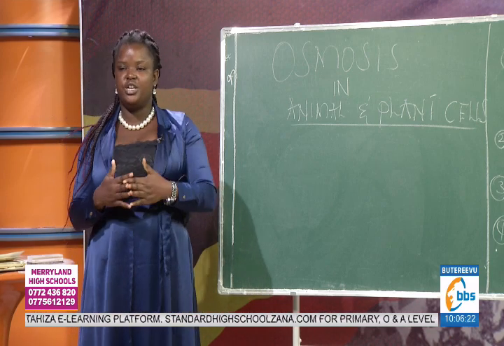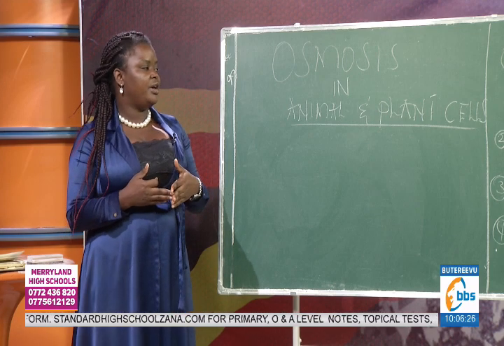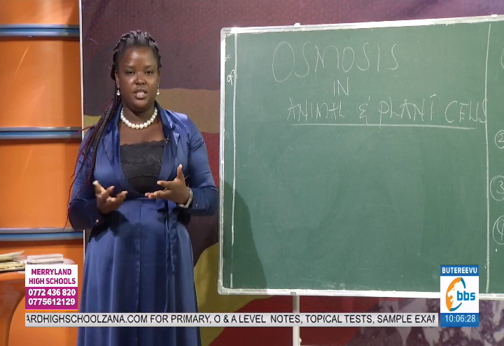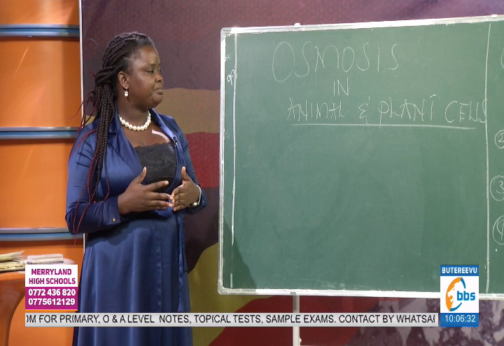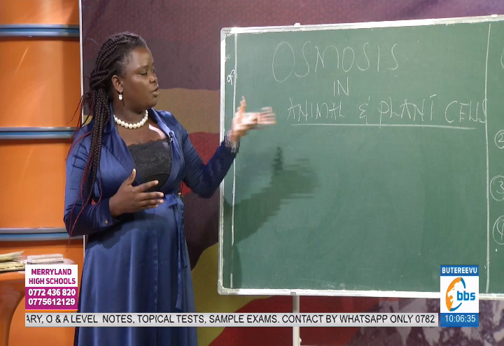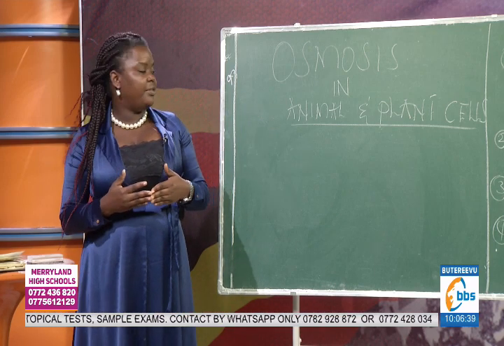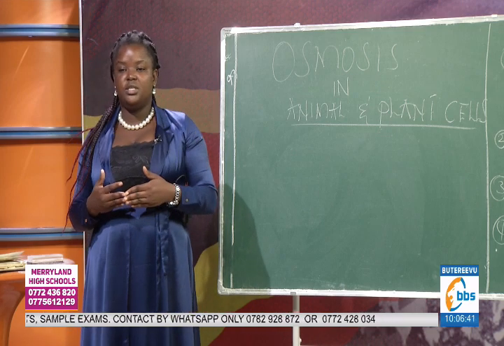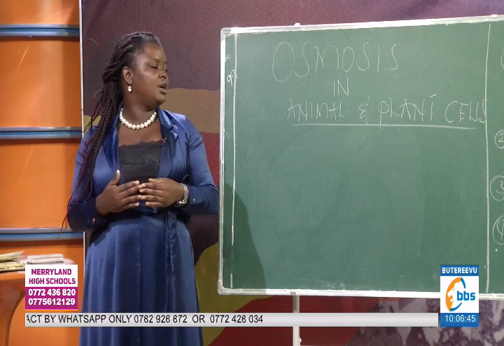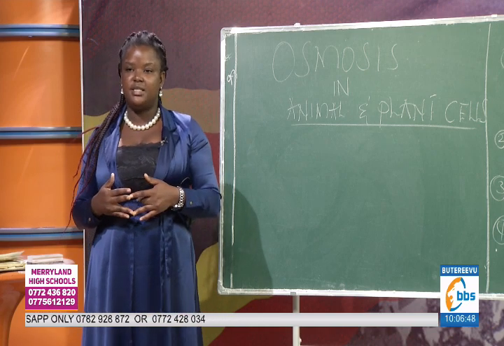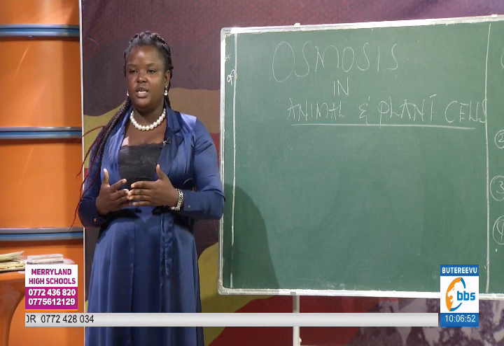Then we shall look at crenation, haemolysis, and then turgidity, flaccidity. Then we shall go into deeper details of the effect of osmosis on red blood cells, and then we shall look at effects of osmosis in plant cells. And then lastly, we shall look at the importance of turgidity in plant cells. So those are the expectations of today's lesson.